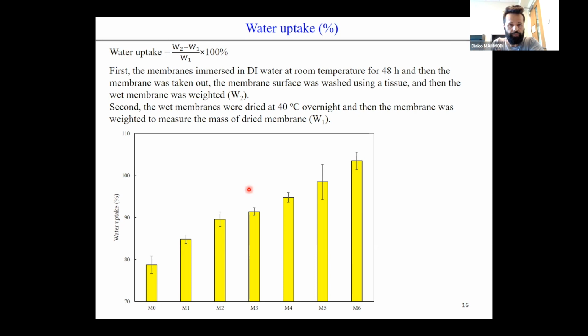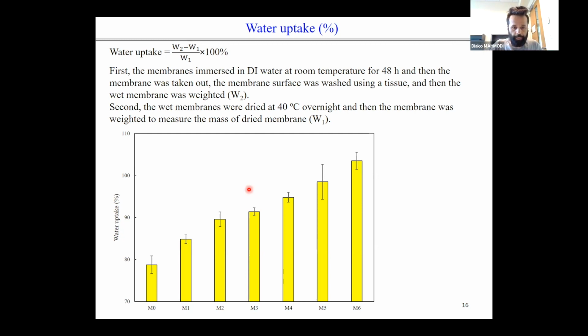Then we dried the membrane overnight at 40 centigrade inside the oven, and again we took out the membranes and weighed them. W1 is the dry weight of the membrane. In this case, W2 minus W1 over W1 gives the water uptake.